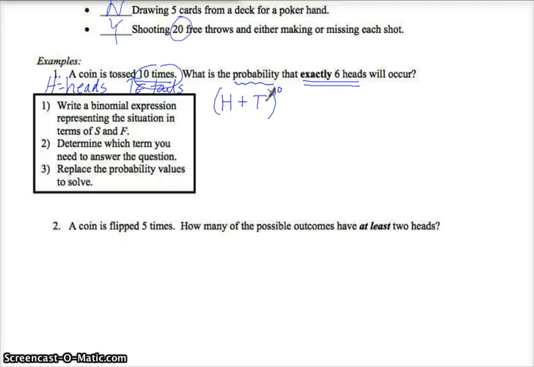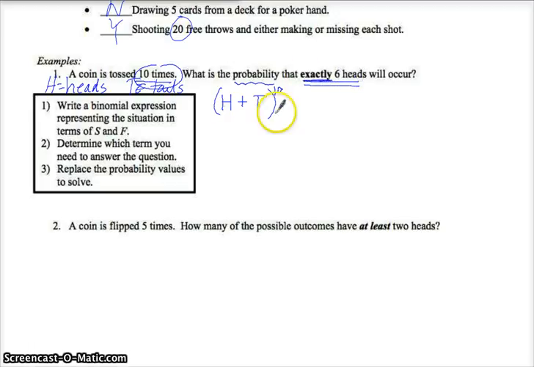Your exponent is the number of times you're going to do that event, so the number of trials. So your exponent is your number of trials. And then we want exactly 6 heads.